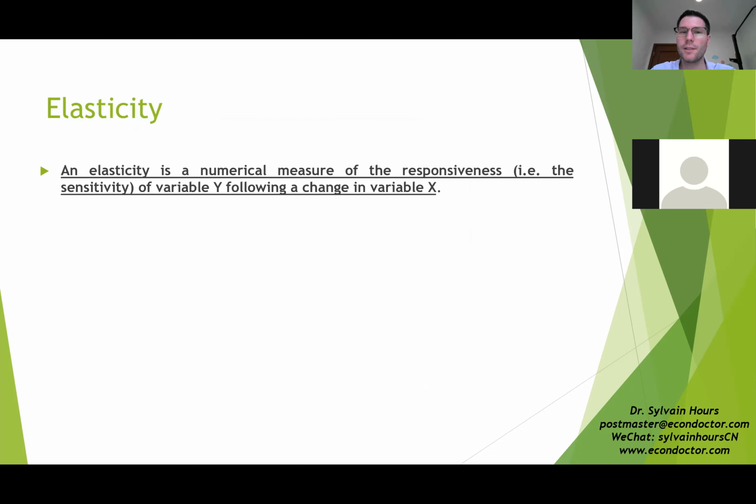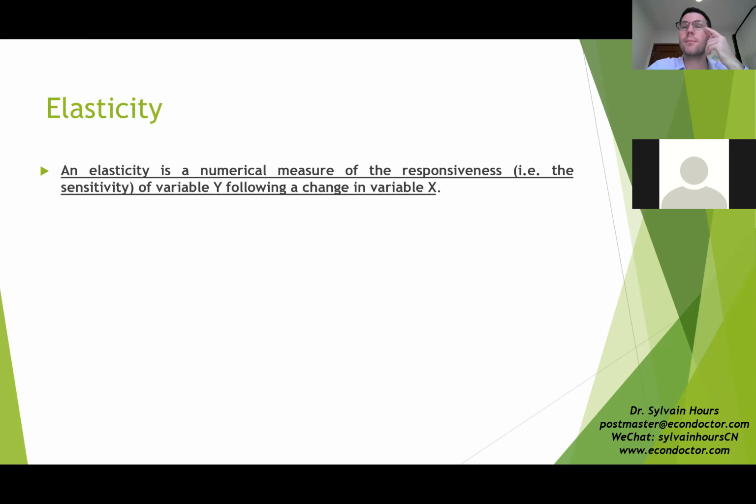So generally speaking, an elasticity is a measure of the relationship between two variables. It could be anything, and we calculate elasticities in economics, but also in physics, in biology, in probably chemistry.